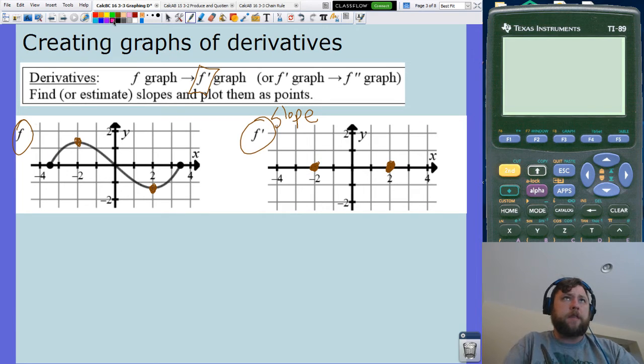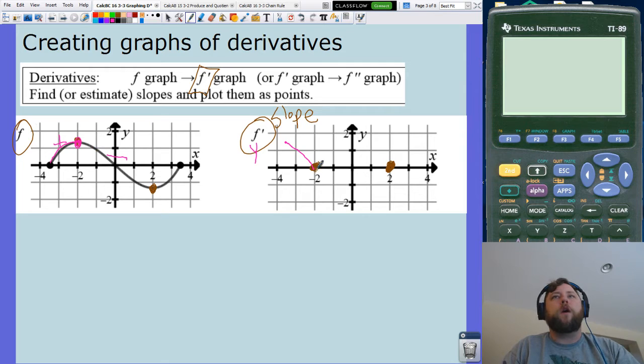Now, the area to the left of this relative max is all a positive slope. I know it curves. So that means my f prime graph must be positive. That means the y value must be positive. So it's starting here, it's going to be positive, and it's got to go to this point. So maybe it does this. And from this point to here, we have a negative slope the whole time.